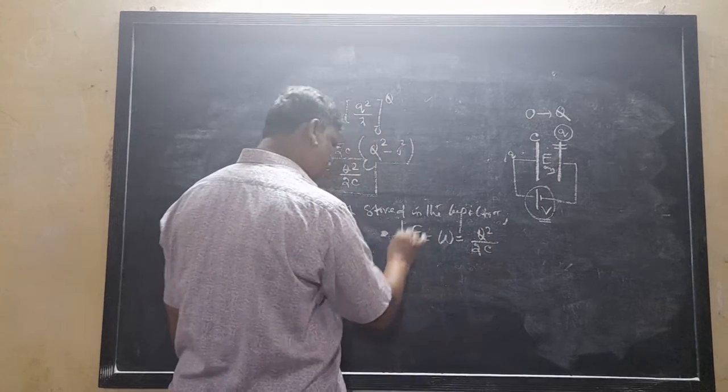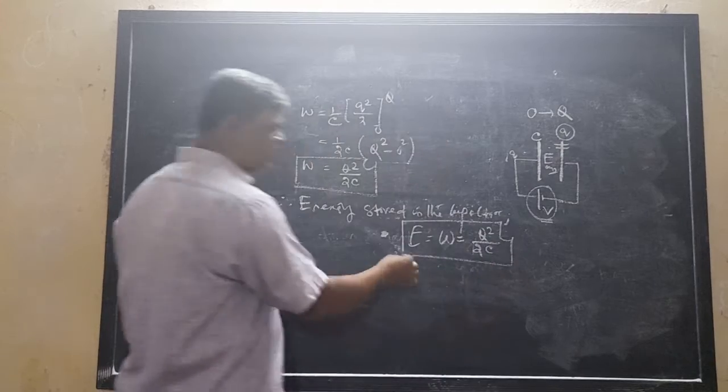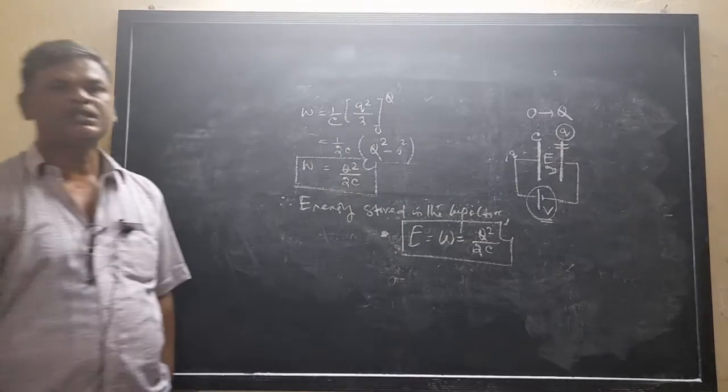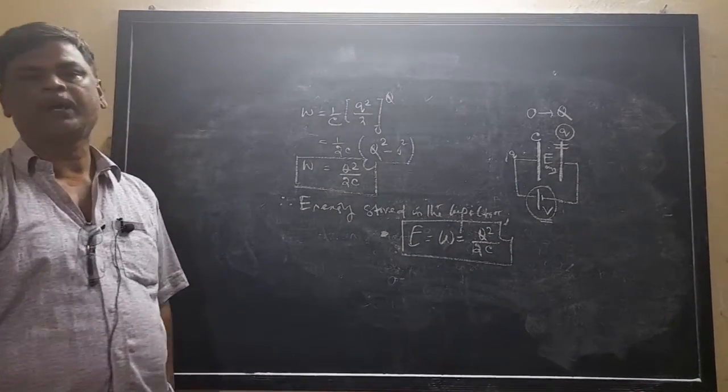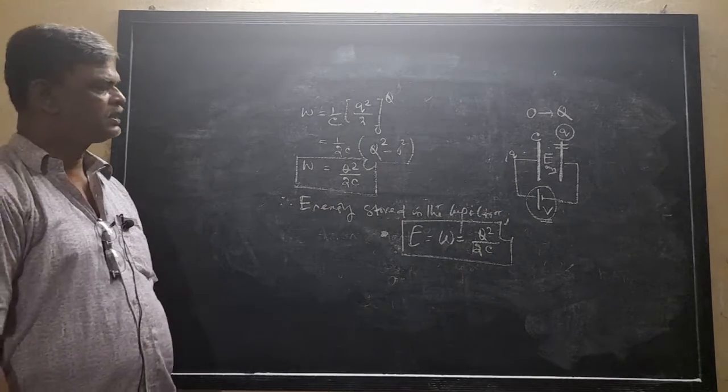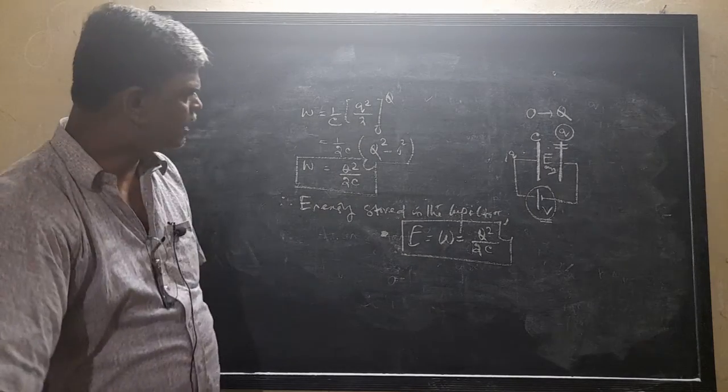Clear? The energy stored in a capacitor W, the amount of work done to charge the capacitor, is equal to q square by 2c. Clear? This is the amount of energy stored in a capacitor.